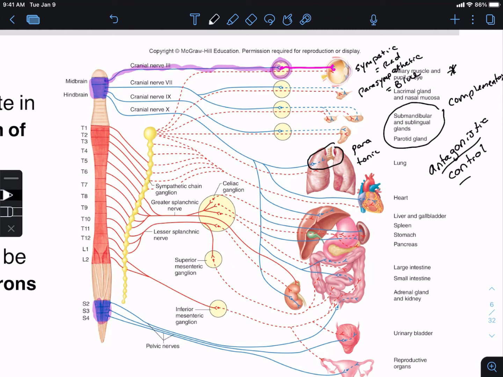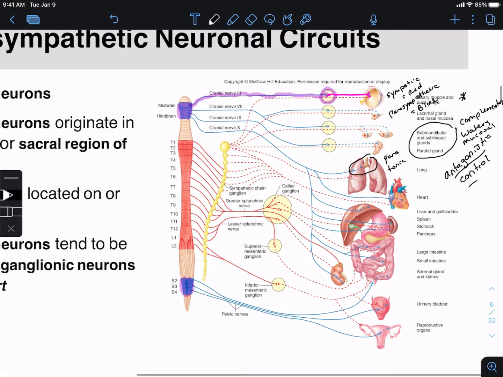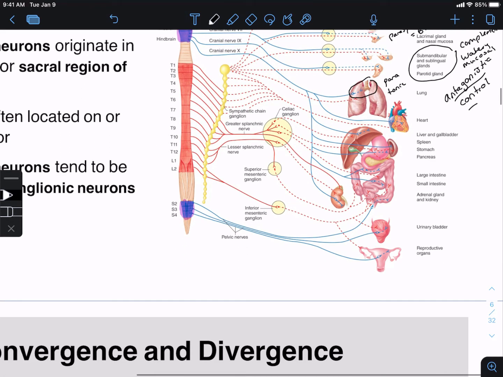And the parasympathetic nervous system tends to cause watery secretions, and the sympathetic tends to cause mucosal, both of which are needed to lubricate food. You'll see again that we have multiple structures being affected by the parasympathetic nervous system, the bladder, the reproductive organs, the adrenal gland, and the kidneys, etc., etc.